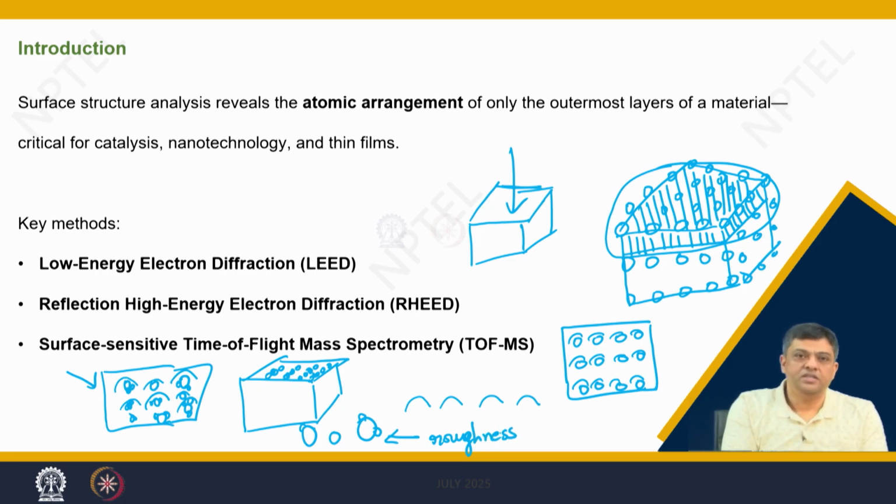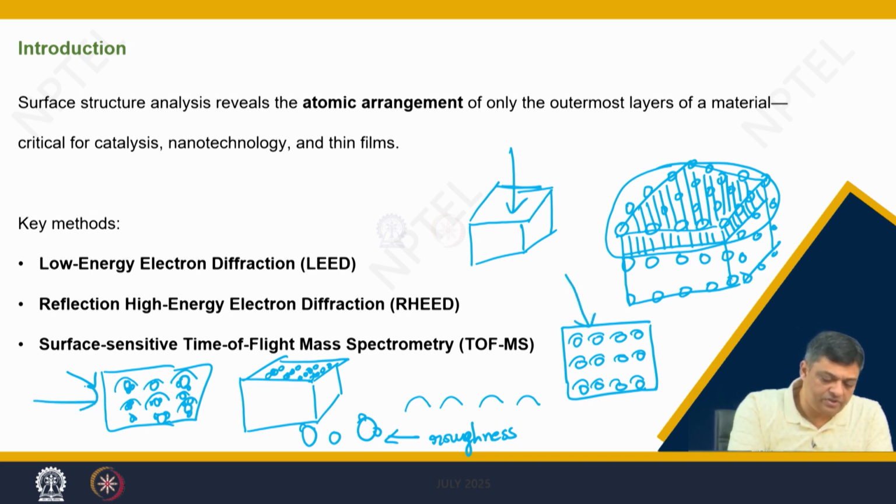Now, you have the surface roughness. So, you can go from a very smooth surface to a rough surface. Each has its own advantages and limitations. So, you should have the capacity to see these kinds of features, because that will decide their usefulness for applications in various devices which are routinely being discussed in the field of nanotechnology.